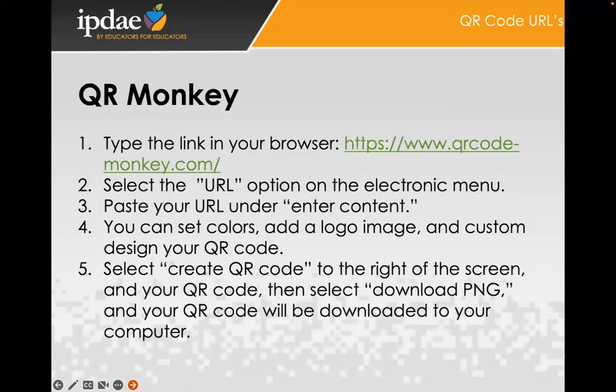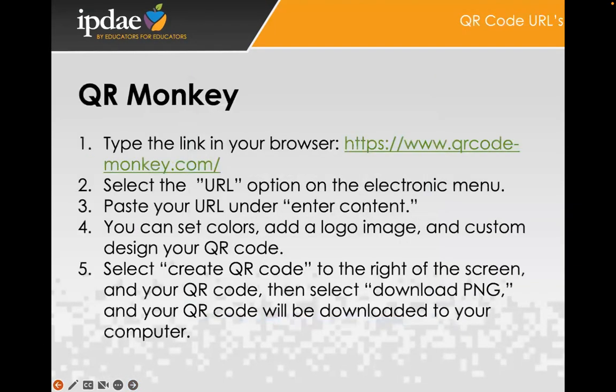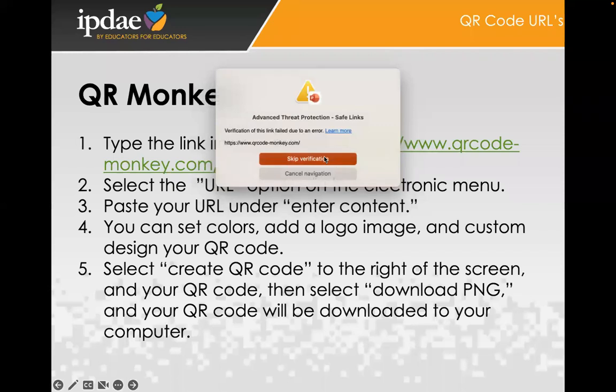So in order to make or to link URLs to QR codes, you will need to type this in your browser. I'm going to go ahead and copy it for you and put it in the chat. Let me go back really quick. Give me 1 second. Here we go.